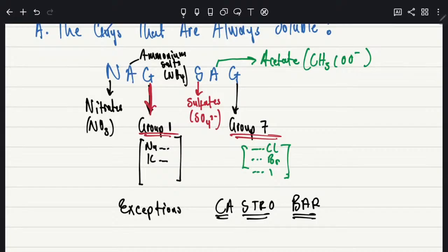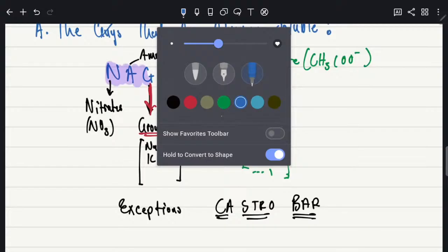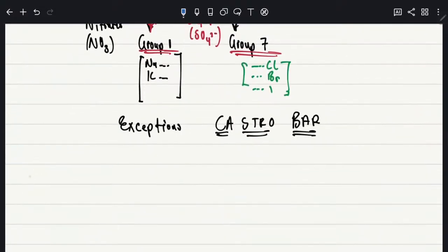These guys are a problem. So we are first going to write the word neg-seg. Then we'll write castrobar. I'll tell you who it affects. Leave it like that. Let's go to B before we do this.